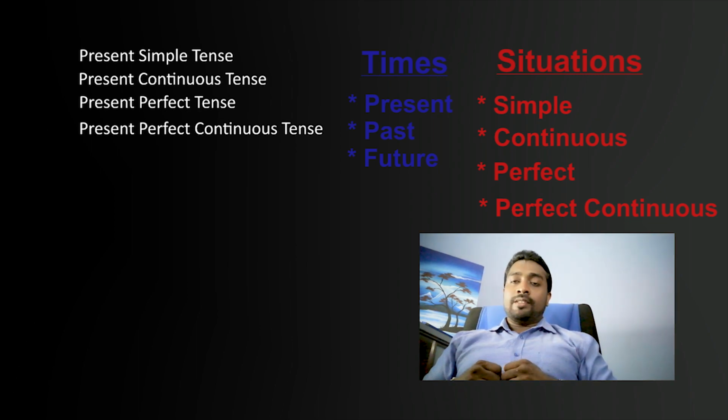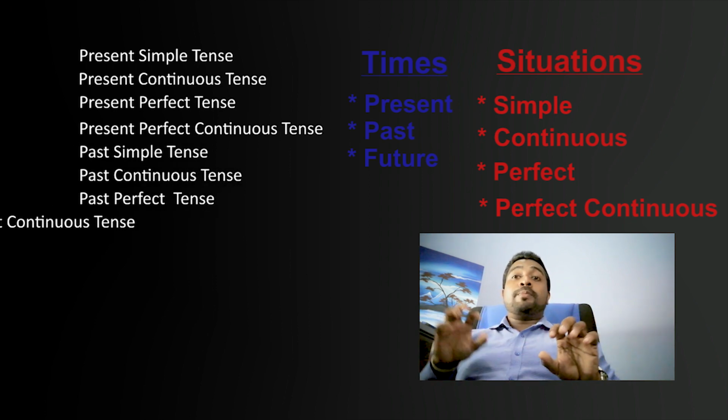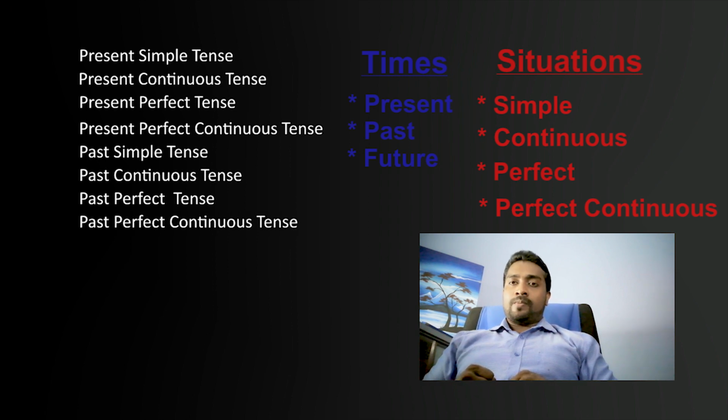In the same way, we can make past tenses. We join the past time with the 4 situations. Past simple tense, past continuous tense, past perfect tense, past perfect continuous tense.